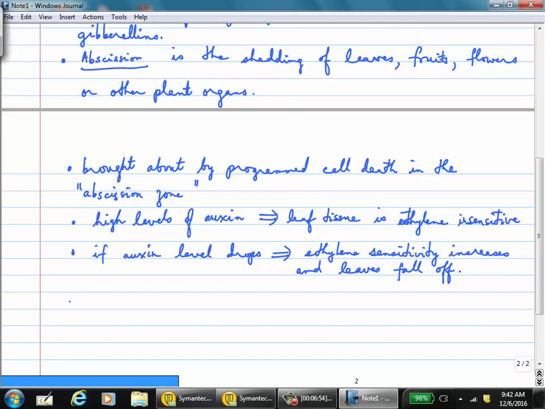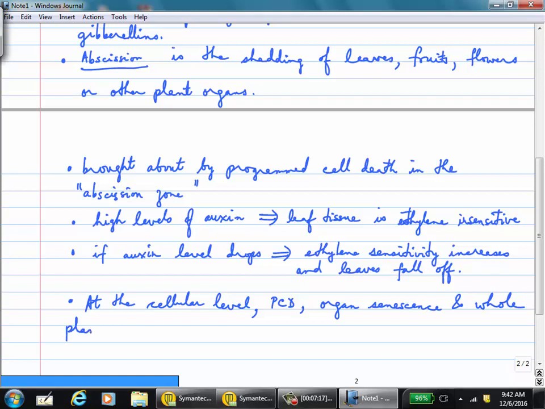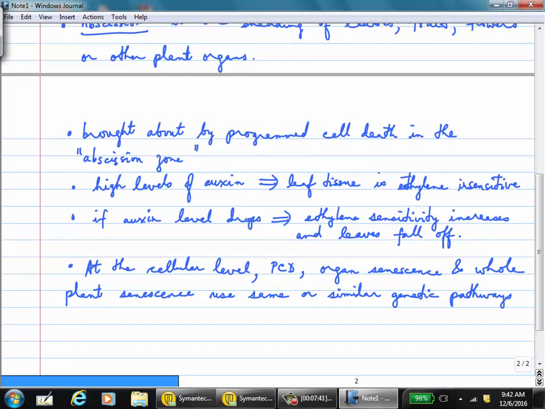So at the cellular level, programmed cell death, then organ senescence, and whole plant senescence use same or similar genetic pathways for cell autolysis.